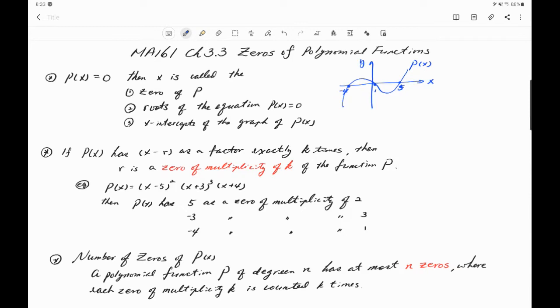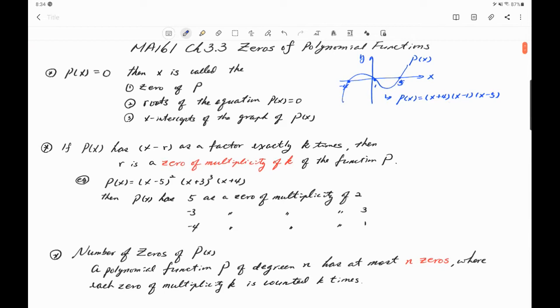All right, in that case we can write the polynomial because we know the roots, the x-intercepts, and the zeros. We can write it something like this: x plus 4, x minus 1, x minus 5.